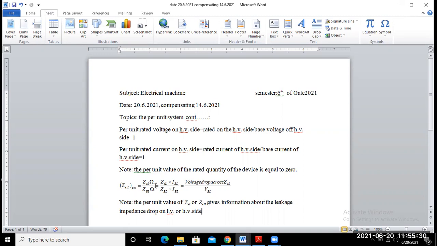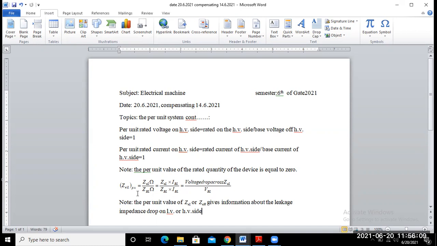If we multiply I BL in the numerator and denominator, Z EL into I BL is the voltage drop across the equivalent impedance of the low voltage side, divided by Z BL into I BL, which is nothing but the base voltage of the low voltage side.